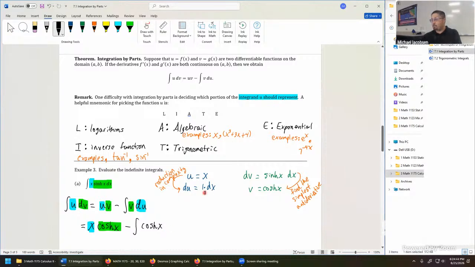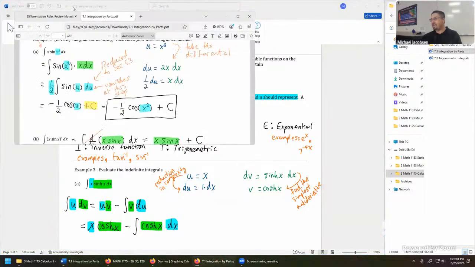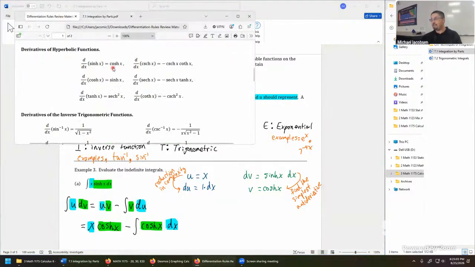1 times dx, we can just write as literally dx. And that's what du boiled down to. All we now need to do to solve this entirely is find the antiderivative of hyperbolic cosine. That's just hyperbolic sine, citing our differentiation rules here. Going backwards from hyperbolic cosine gives us a hyperbolic sine.